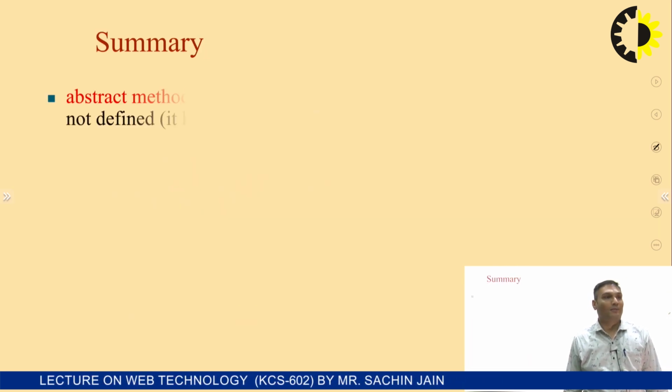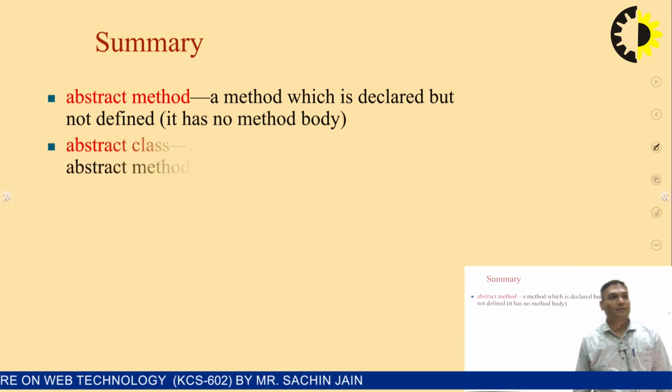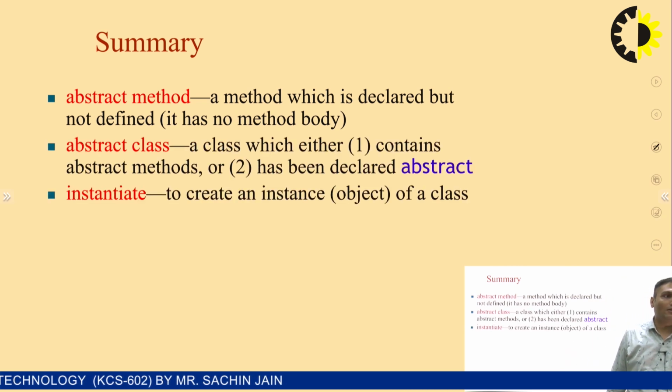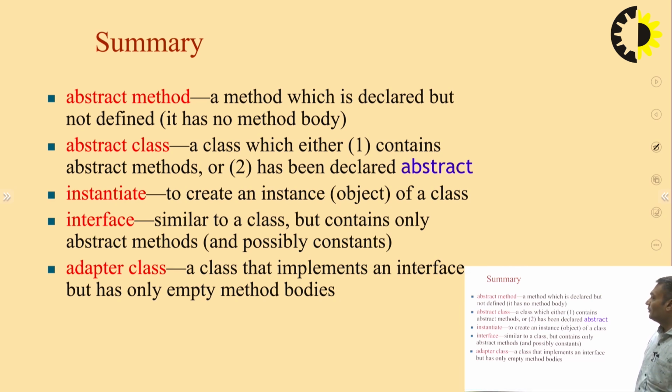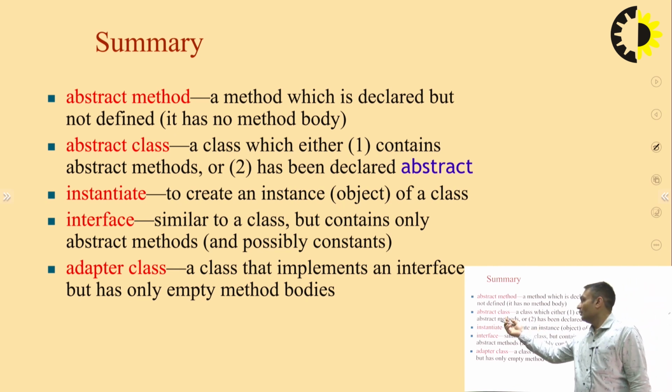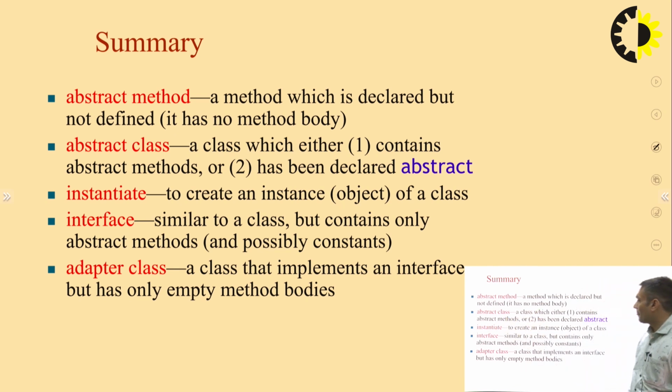So what is the summary of today's lecture? We discussed abstract methods, abstract classes, instantiation, interfaces, and adapter classes. An abstract method is a method that is declared but doesn't have a body. An abstract class is a class that contains an abstract method, or it can be declared abstract. To instantiate means to create an object of a class.